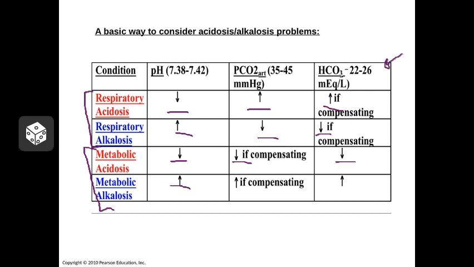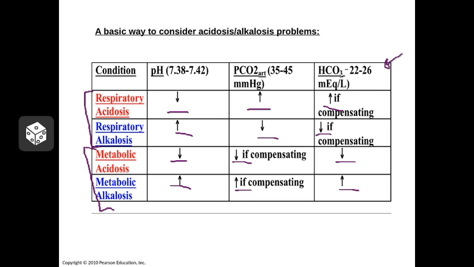Again, in metabolic alkalosis, all three are pointing up. So that is a way to almost cheat, if you will. It's not cheating, it's using a memory technique to be able to remember what's what.